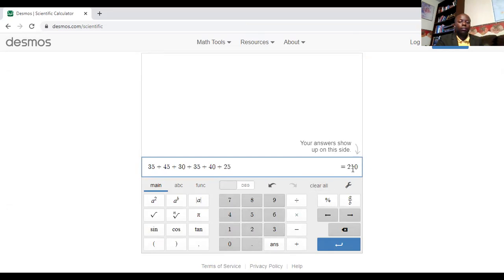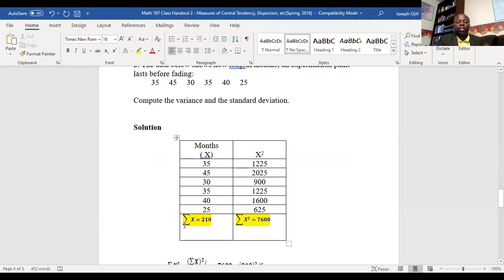You can see 210 right here. And that is how we got this total here. This symbol is a Greek letter, and it means sum of. So the sum of x, all of this, gives us 210.